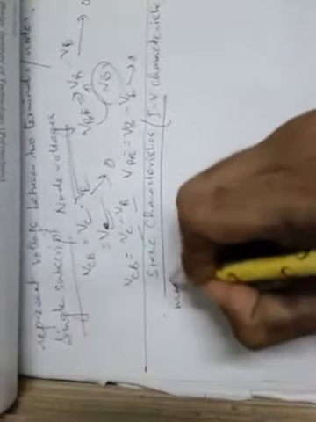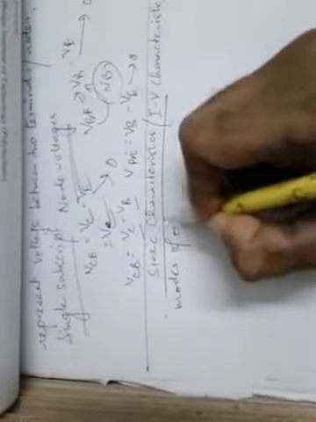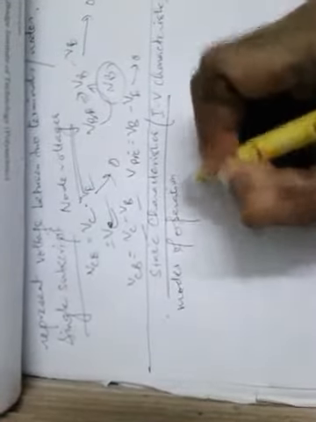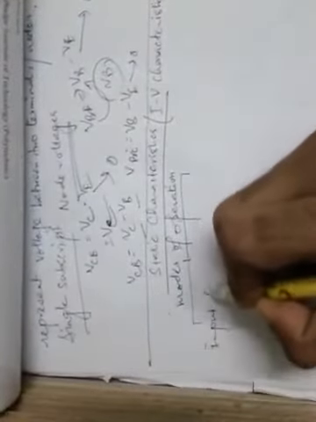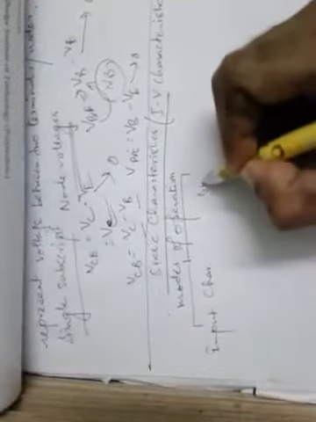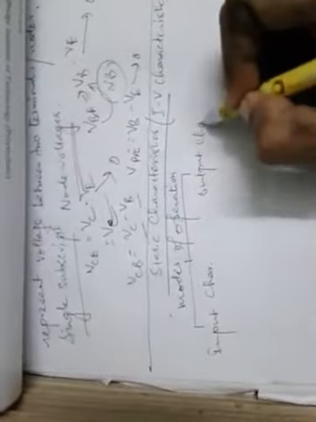So based on these different types of configurations or modes of operation of the transistor, we can classify the characteristic curves into two, as input and output characteristics for each and every mode of operation.